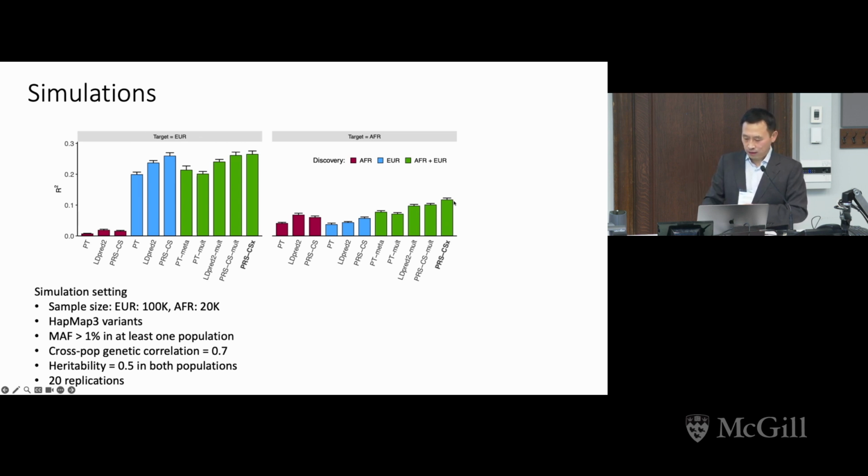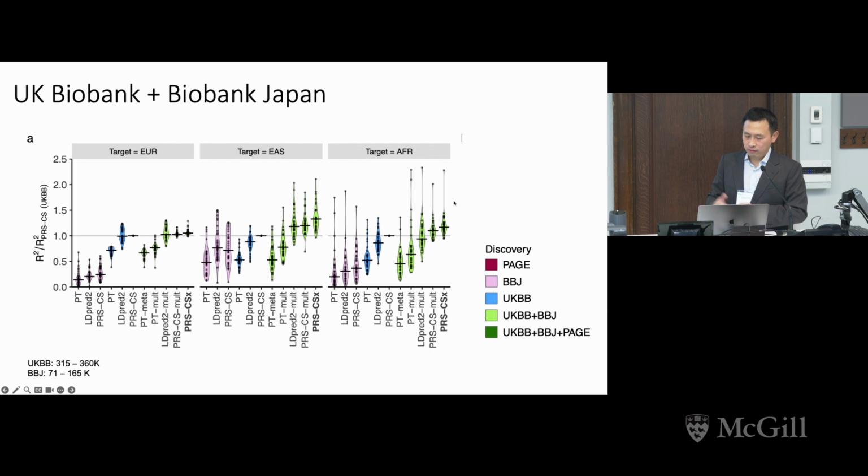So this is from simulation. For the real data set, again in the European prediction, this is the performance you get for the European, and this is the performance you get from all the ancestries, which shows we are not helping much by adding the Biobank Japan to the European data set. But in the East Asian ancestry, you will see an increase in performance compared with using any single ancestry, and even in the African ancestry.